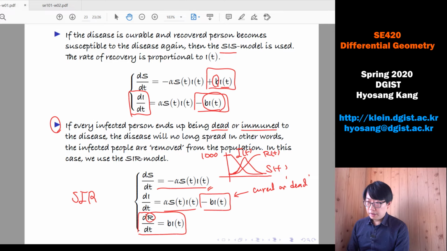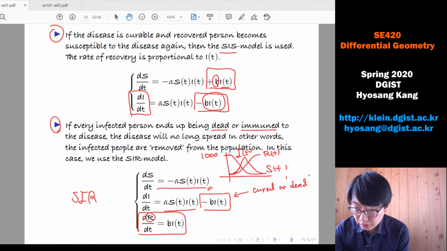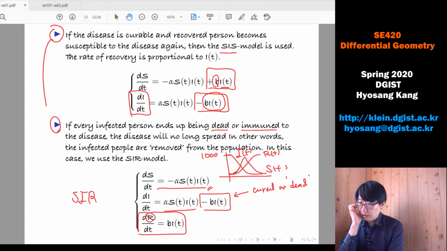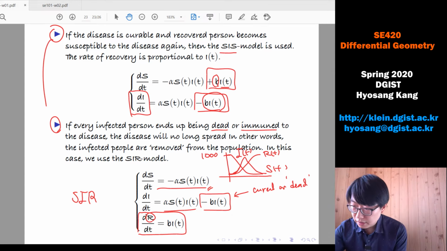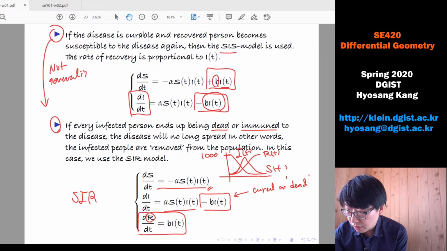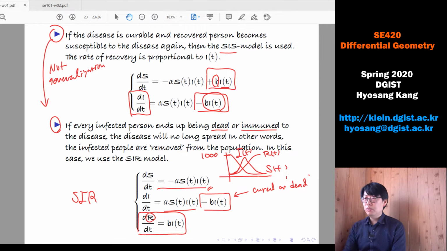But as I said, the second one and third one are not exactly the same. The third one is not a generalization, just a different situation. But you can combine these two situations.